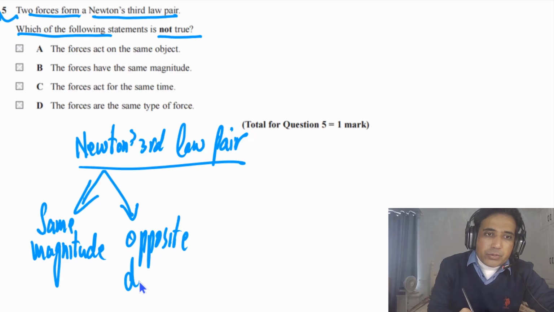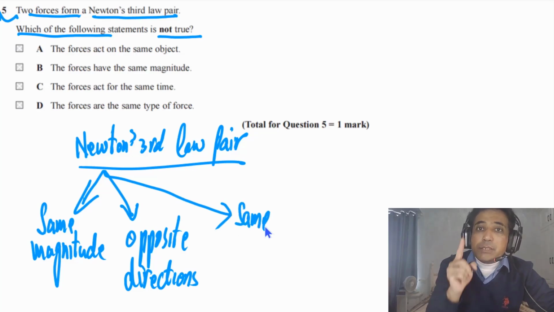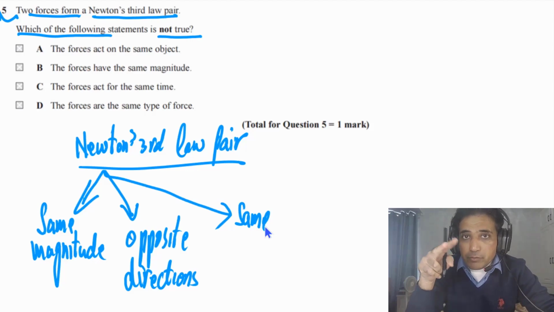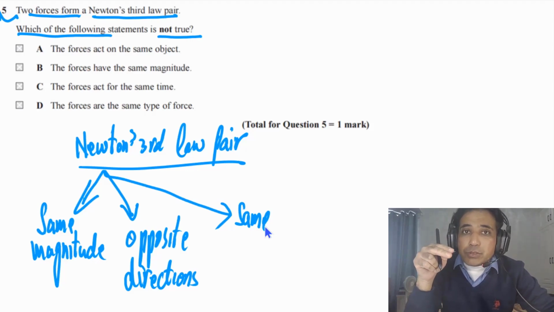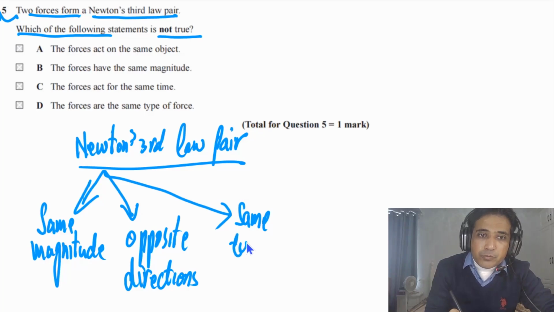So they should have opposite directions, and two forces have to be of same type. Means two forces can be gravitational forces, two forces can be pushing forces, they can be pulling forces. They have to be of same type. So this is very important one, same type.